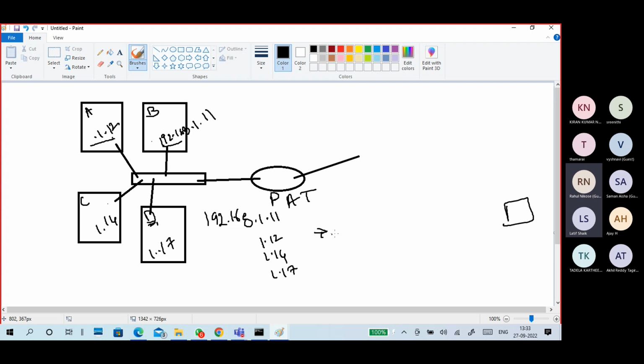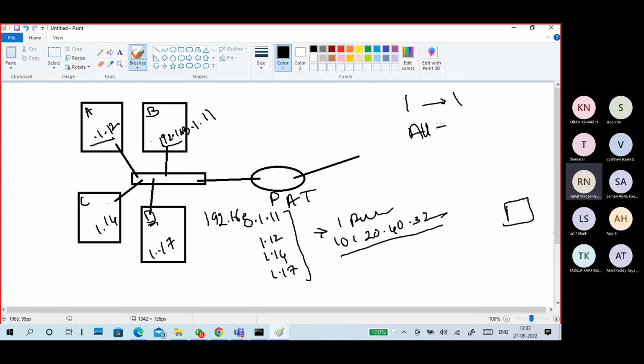For all these 4 PCs, only one public IP address, for example 101.20.40.32, something like that. Only one public IP for all 4 PCs. Earlier I said one to one, one private, one public. Now all on one.